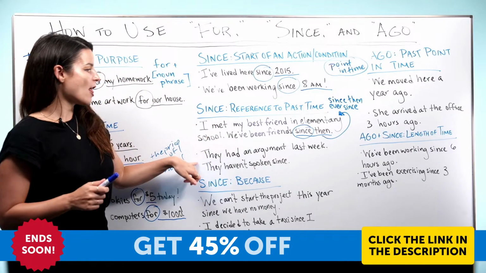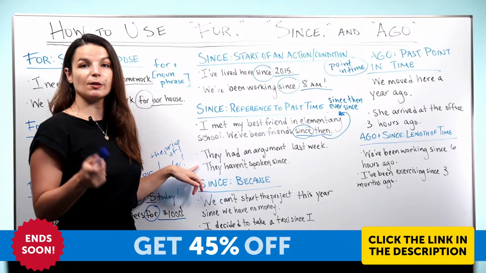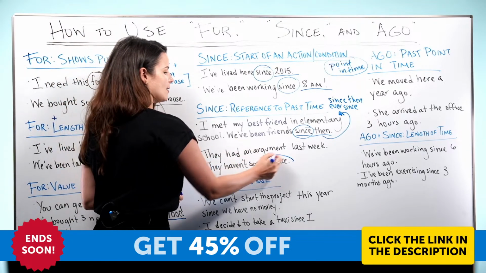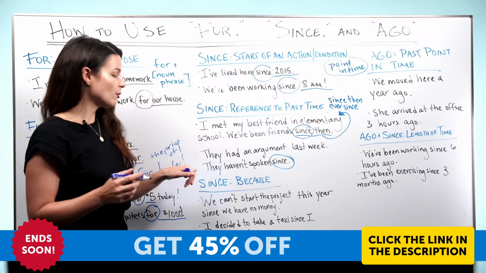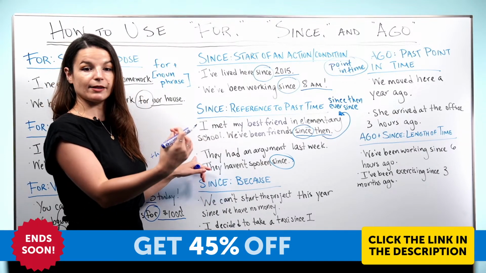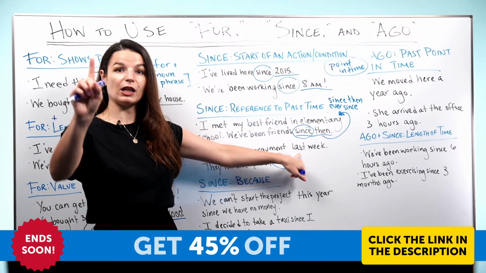The next one is, they had an argument last week. They haven't spoken since. All right, again, we have this since at the end, okay? And before, we have this information about what happened in the past, yeah? So they had an argument last week. This is key information.